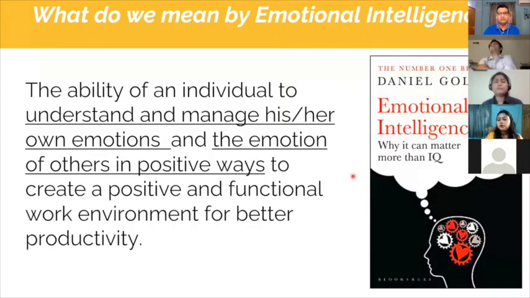So what is emotional intelligence? It is the ability of an individual to understand and manage his or her own emotion as well as others' emotion. Because as I'm continuously saying, in this 21st century, in academia also, we are trying to build more teams, we are trying to do more collaboration, which means we are trying to manage more people.